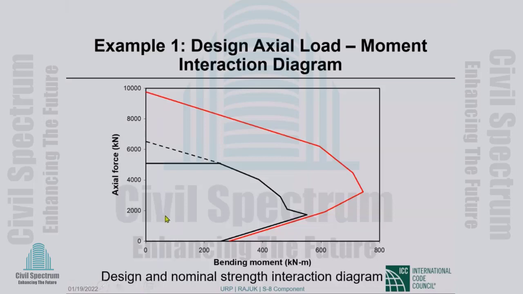When I say demand, it is P sub u, M sub u combination coming from different load combinations. Okay, those are the demands. And if the demands are within supply, you are fine. If the demands are way smaller than the supply, then you may want to polish your design, make it a little less conservative. Okay, thank you very much.